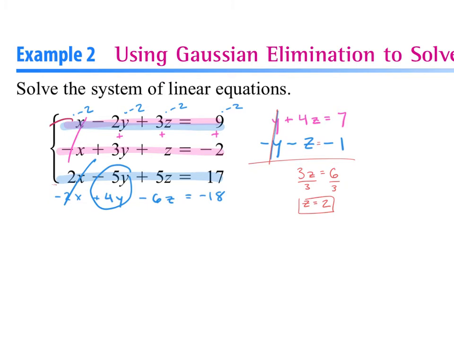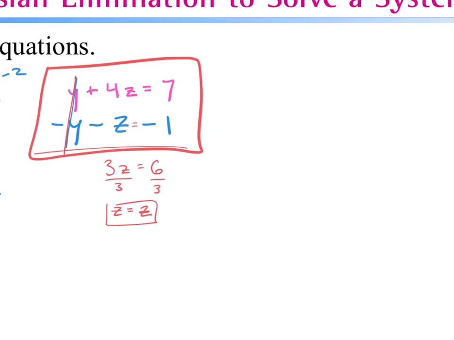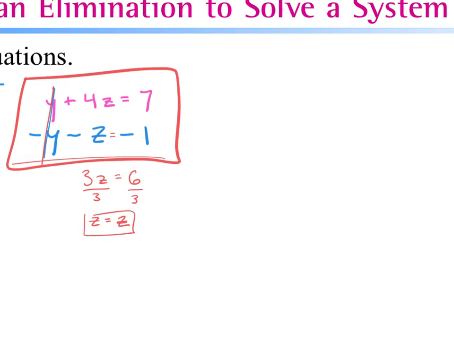We are going to work backwards and plug it in, but we can't plug it into one of our original 3 because we have 3 variables and we can't solve for 2 variables at once. So we have to plug it in to one of these 2, and we're going to solve for y. So do you want to plug it into the pink one or the blue one? Pink. It doesn't matter as long as we're plugging in z.